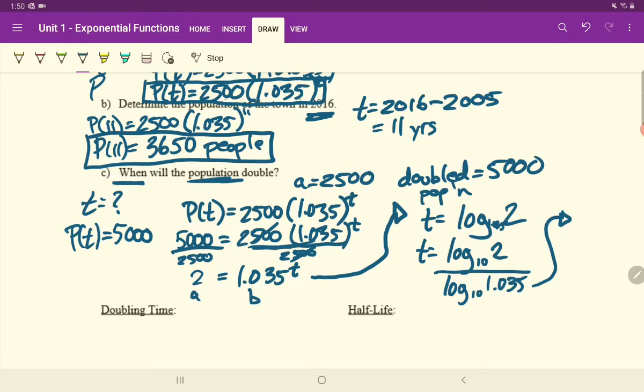And what do you get as your time when you plug in log 2 on your calculator divided by log 1.035? You get 20.15. So it'll take just over 20 years, so that's in years, for the population to double and get to 5,000. Okay?